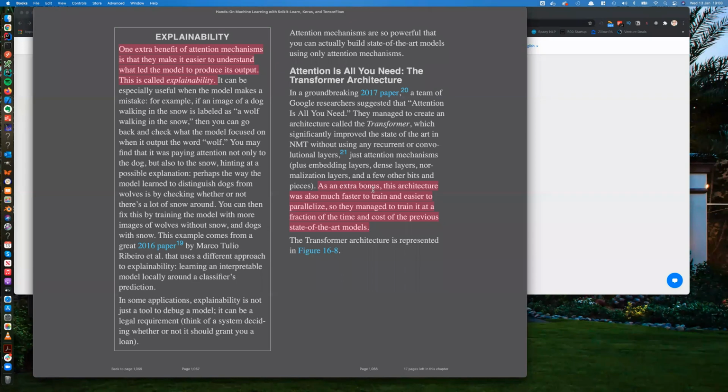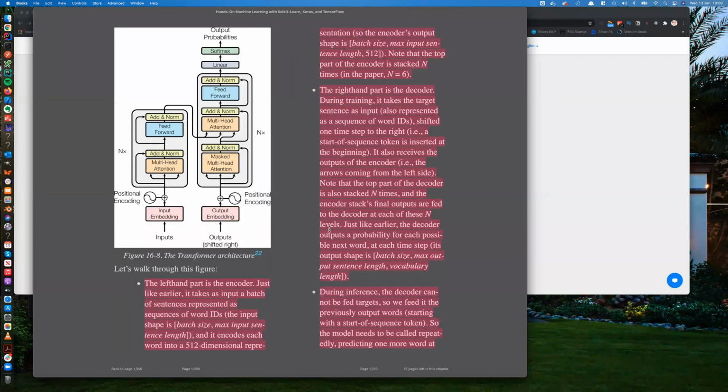As an extra bonus, this architecture was much faster to train and easier to parallelize. They managed to train it at a fraction of the time and cost of the previous state-of-the-art models. This is what's made a lot of modern NLP really possible on GPUs.